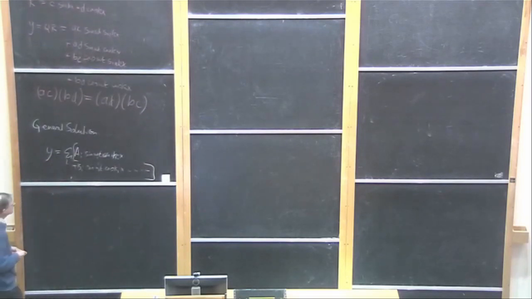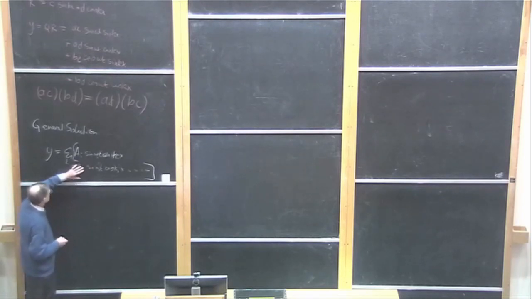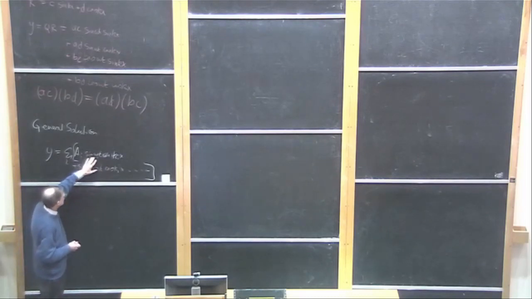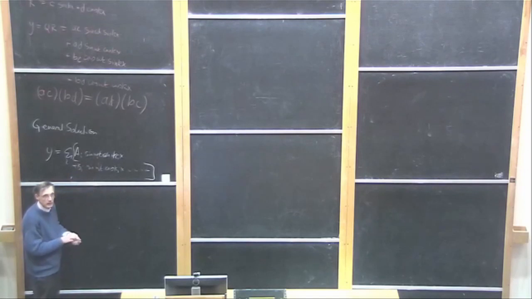In particular, if you combine, for example, the two terms that I've got, you can write that in terms of sine omega t minus kx and sine omega t plus kx with different constants. That is to say, those two terms can be combined into a forwards-going travelling wave and a backwards-going travelling wave.